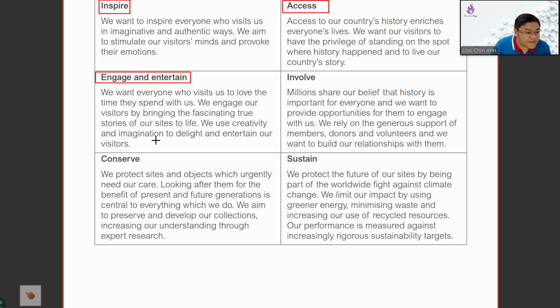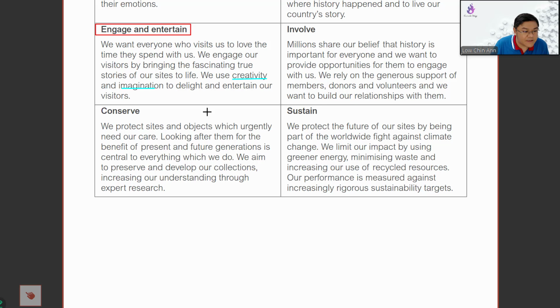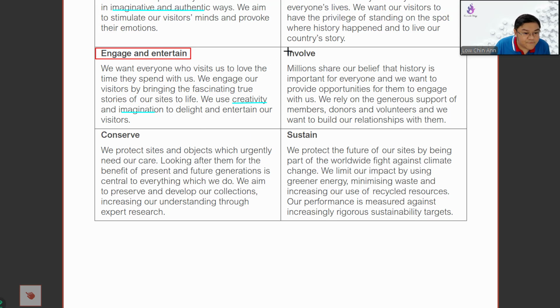We use creativity and imagination to delight and entertain visitors. So again, they are repeating the same phrase: creativity and imagination.